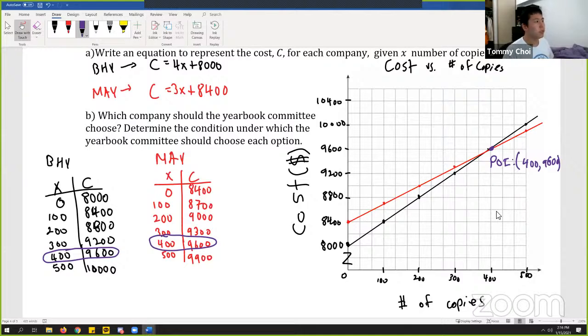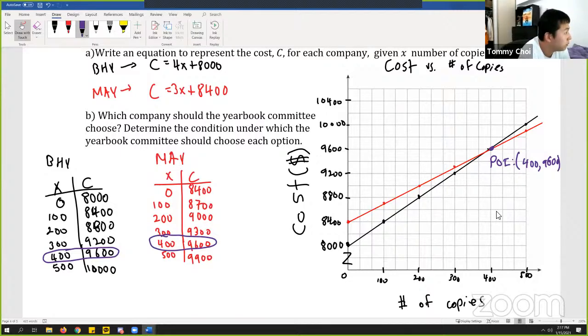The question asked us, which company should the yearbook committee choose, and what the condition would be to pick which company. So can someone type in chat for me? Anyone can type in chat. Which option should they choose? When and which option should they choose?